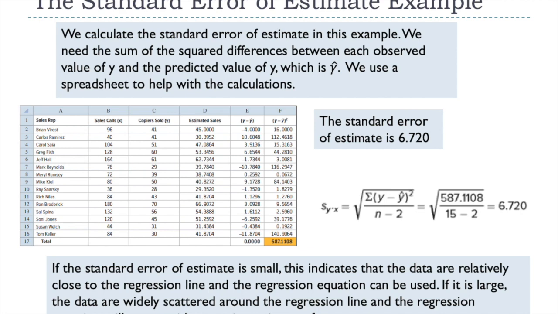And so the sum of all of those differences squared is 587. We then divide by n minus 2. We take the square root. And so our standard error of the estimate for this example is 6.720. And once again, you can calculate all of this using statistical software such as Excel or a similar program.